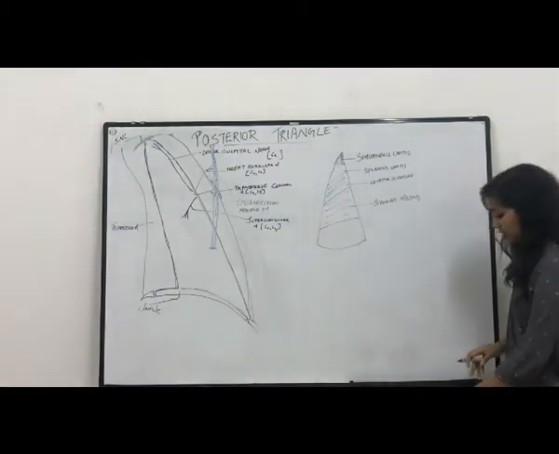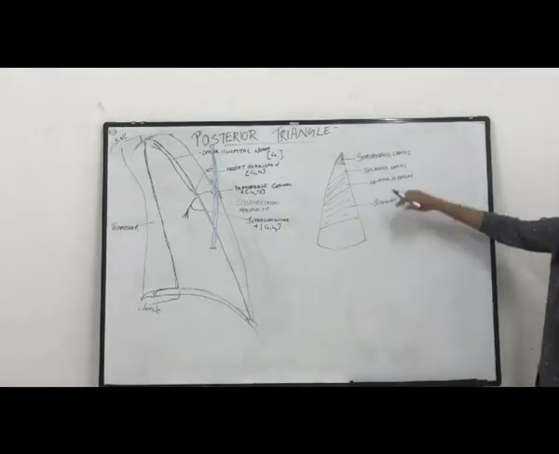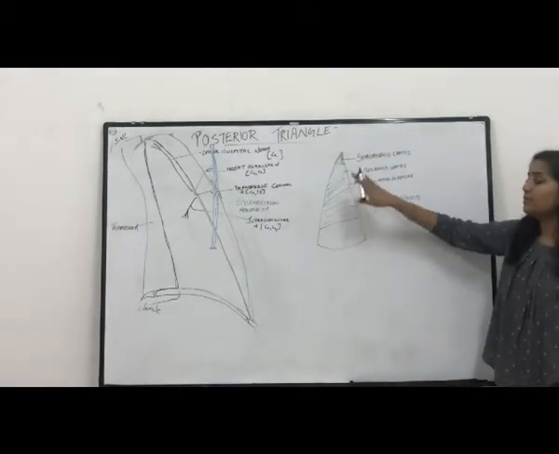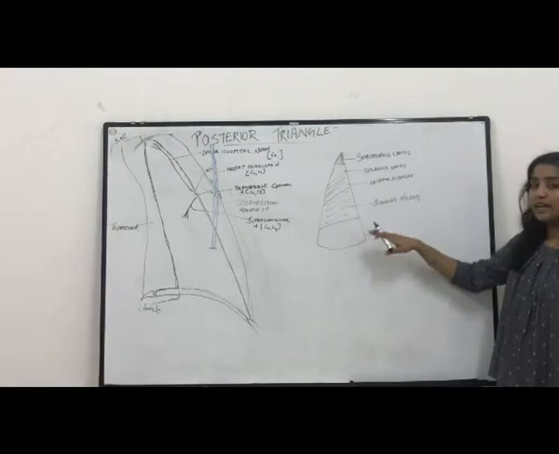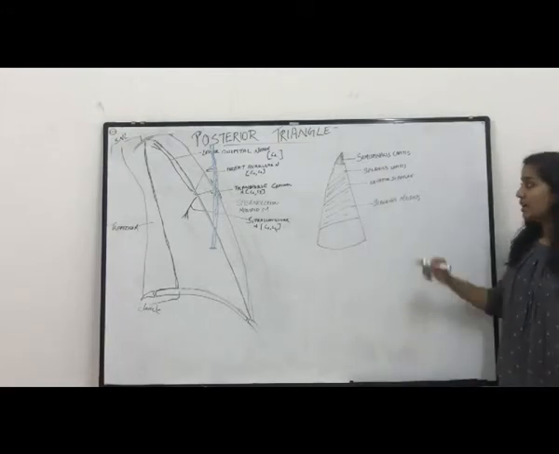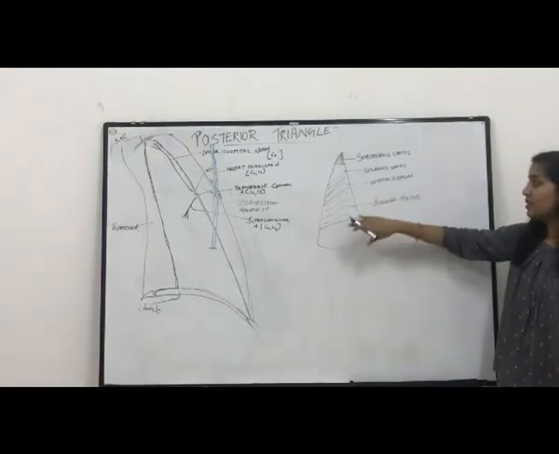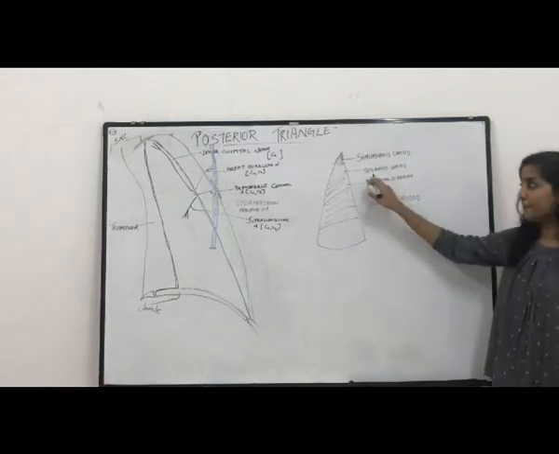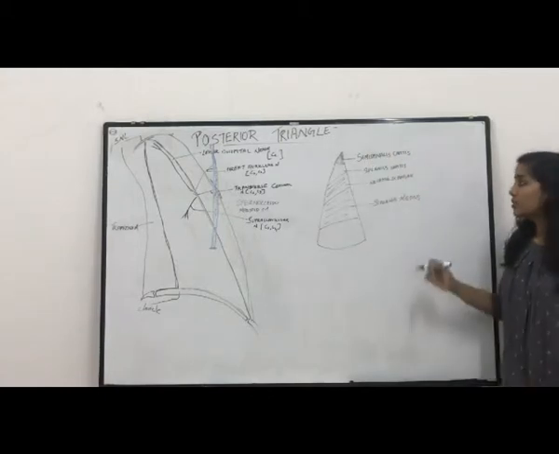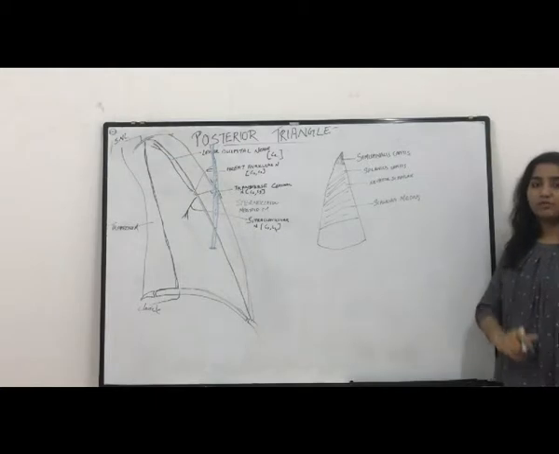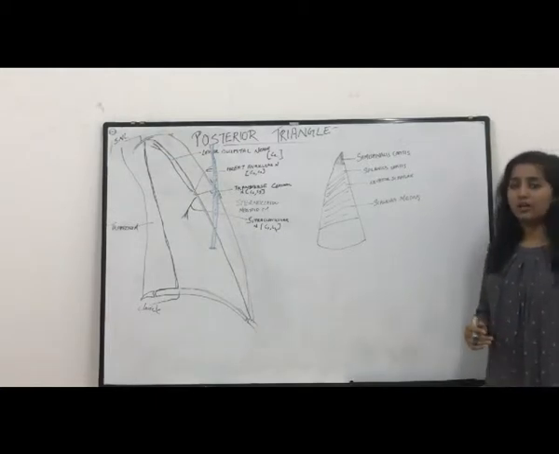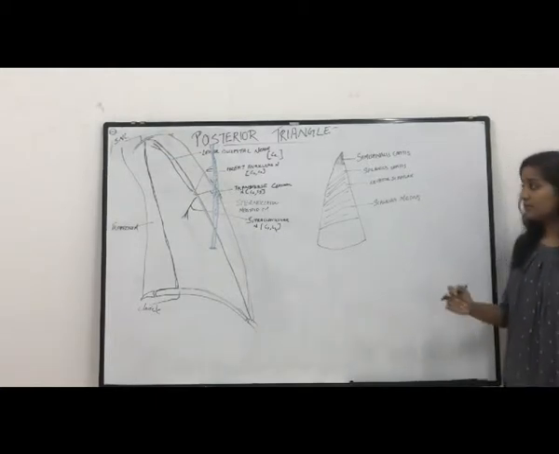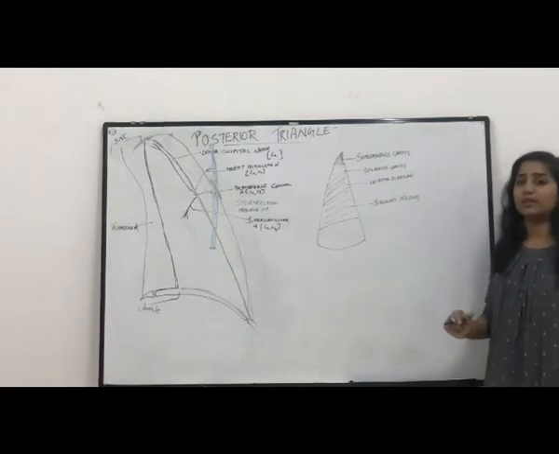Another important thing over here is the floor of the posterior triangle is covered by a fascial carpet. A fascial carpet covers the muscles of the floor. The fascial carpet is formed by the prevertebral layer of the deep cervical fascia.